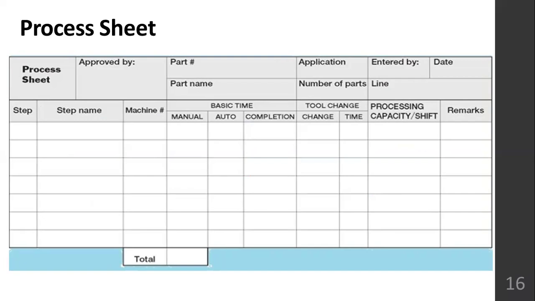Then you have the process sheet. A process sheet is also a managerial tool, but from the name itself, you can understand that it will list down each and every production process, manufacturing process, or service process: who is responsible for it, what has to be done, and by what time. All these details will be mentioned, because if a big process is taking place, one person is not responsible for the entire process.